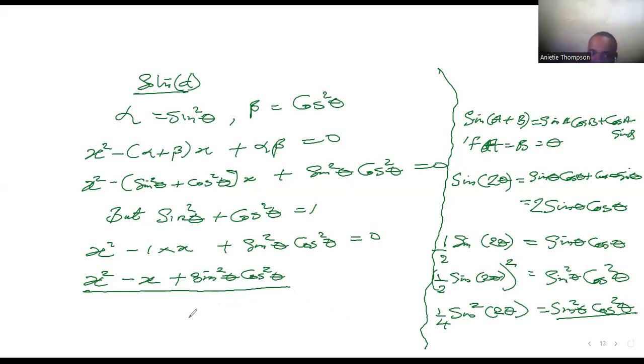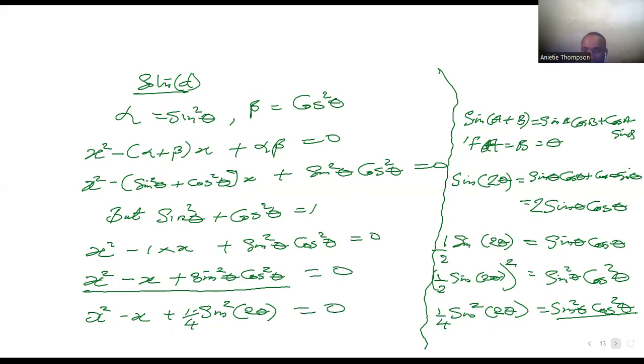So instead of writing it like this, I would love to put it like x squared minus x, then plus 1/4 of sine squared of 2 theta, all equals 0.